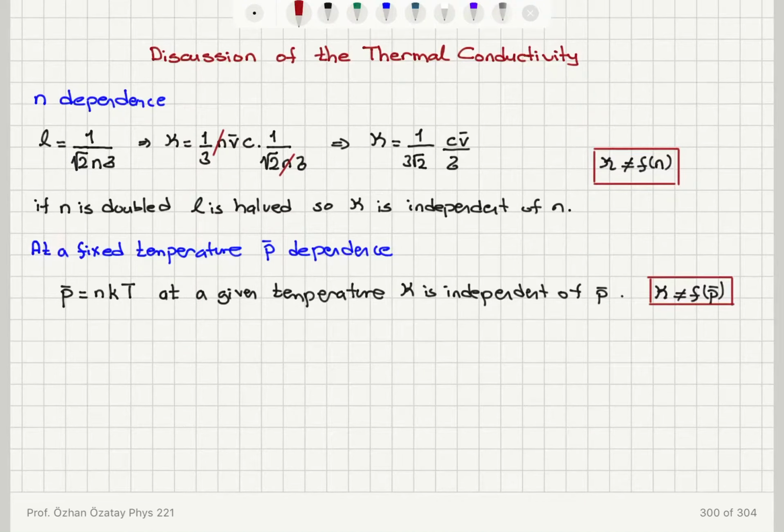And here is the remark we have to be careful about.